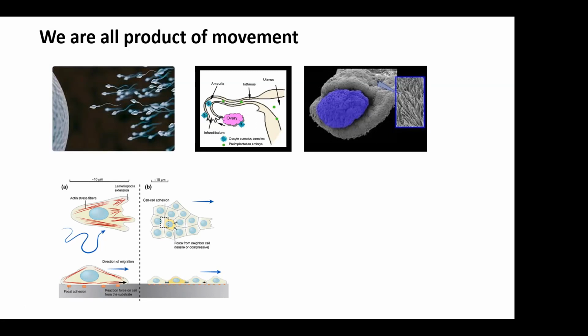In the same way, many single cells, like amoeba or the protozoans, which are single-cell organisms, or even single cells like neurons, move by protrusion of leg-like structures called filopodia or lamellipodia, right?